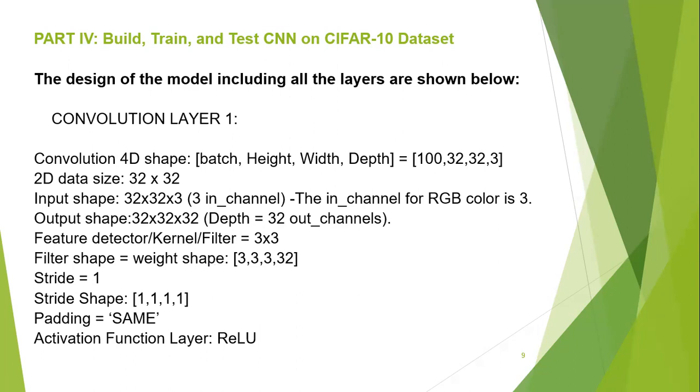For the stride, we are going to use 1. The stride of 1 enables the filter to move 1 pixel at a time. And this is the shape of the stride.